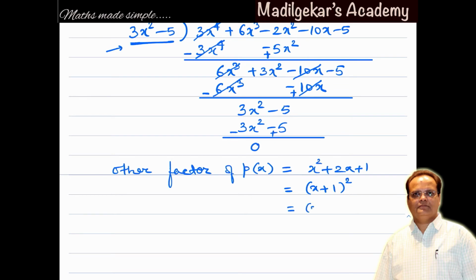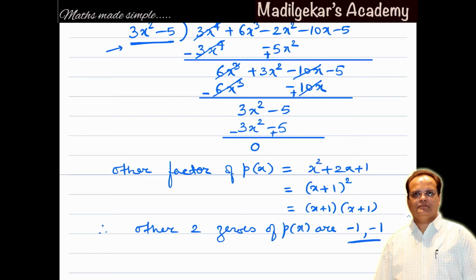So you may write x plus 1, x plus 1. Therefore, the other two zeros of p of x are minus 1, minus 1. While writing zeros, you have to take opposite signs from the factors. So these are the required two zeros.